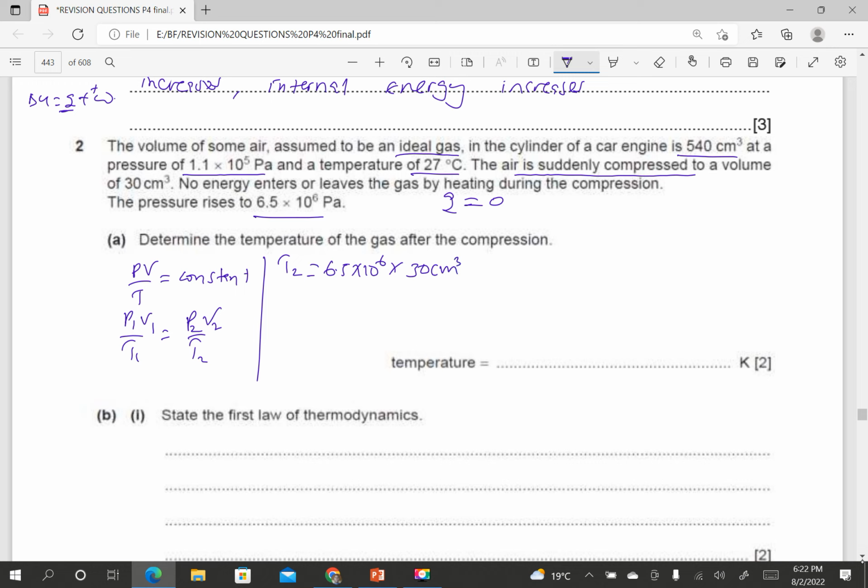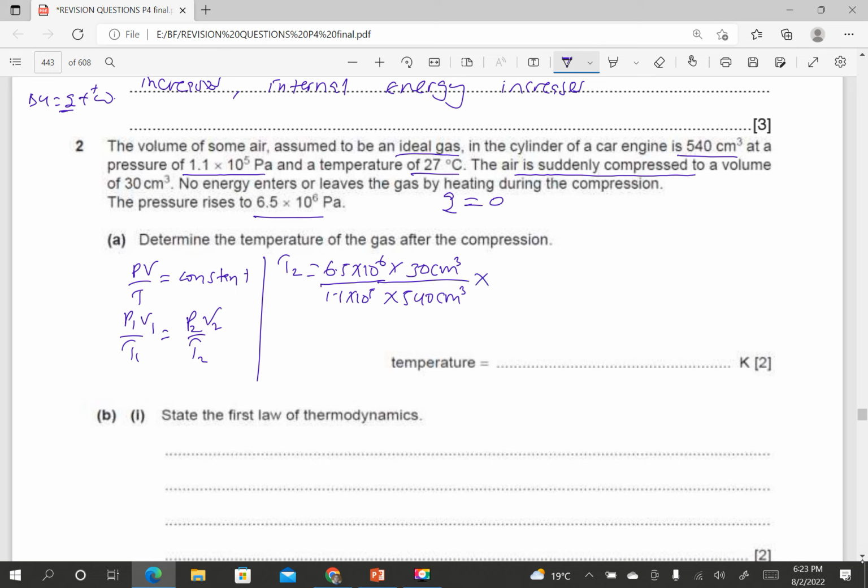Divide by P1, 1.1 times 10 power 5. Divide by V1, which is 540 centimeters cubed. I'm just trying to make it the subject without wasting time. So this is times T1.